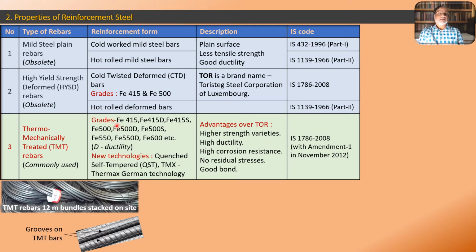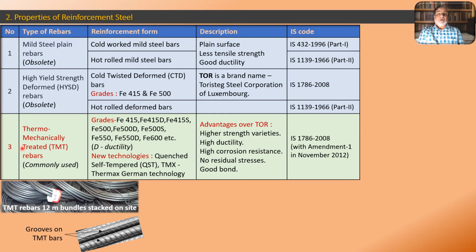Just as we have M20, M25 concrete and so on, we have steel grades as Fe415, Fe415D, just note it, Fe415S, Fe500, Fe500D, Fe500S, Fe550, Fe550D and even Fe600.